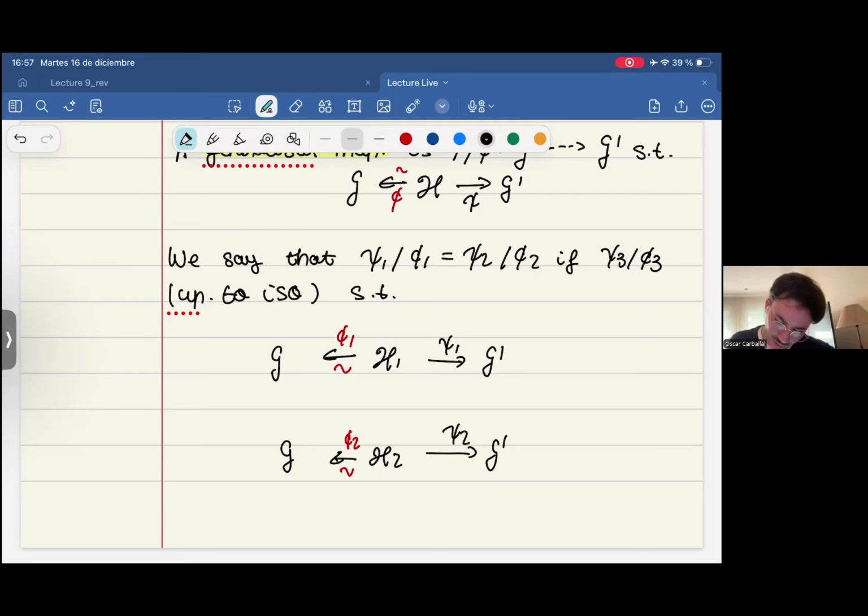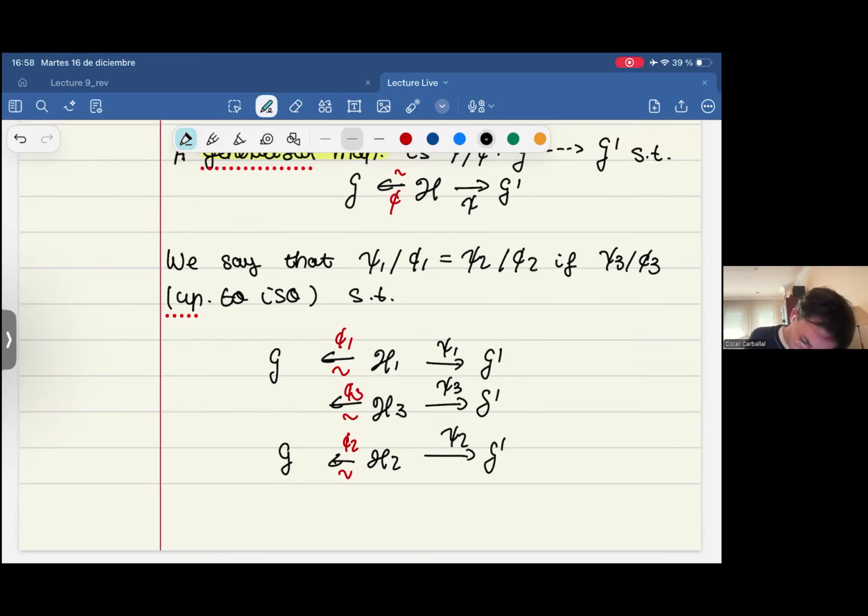And we say precisely that these two generalized maps are equal if they are connected by another generalized map. So here we have H3, G prime, another Morita map here, which is phi 3 onto G. Here we have equalities, and we have morphisms of Lie groupoids, such that this diagram commutes.